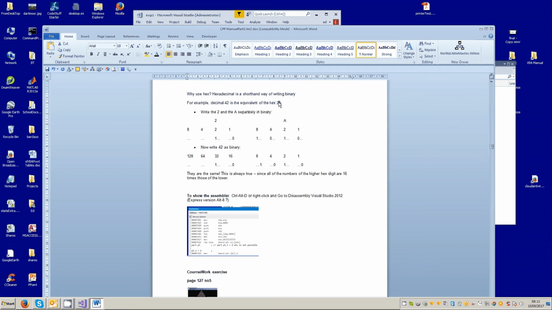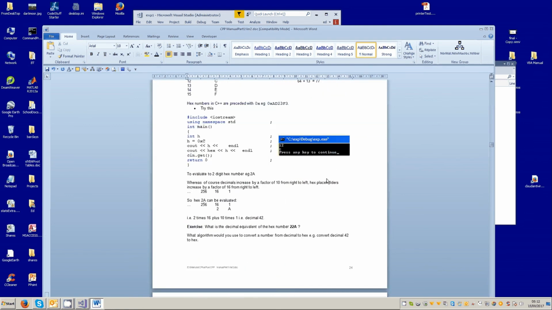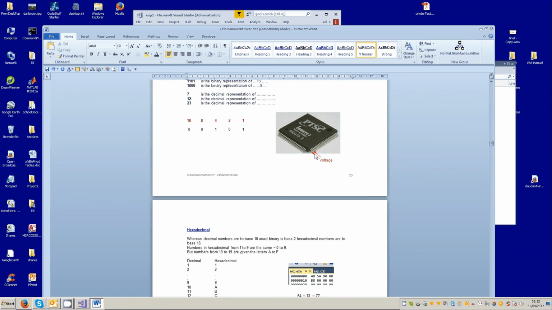But at the end of the day, hexadecimal is really a shorthand way of writing binary. So when you see that 4D, as an exercise, you could string those out into binary digits, and that's how they actually talk to the computer at the end of the day, binary by means of those 1s and 0s which apply to the microprocessor.